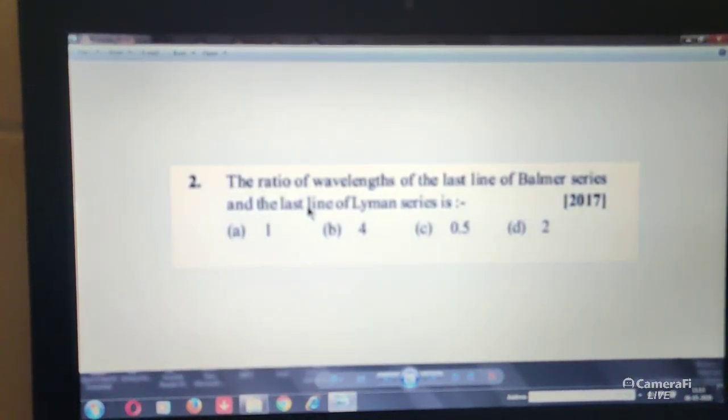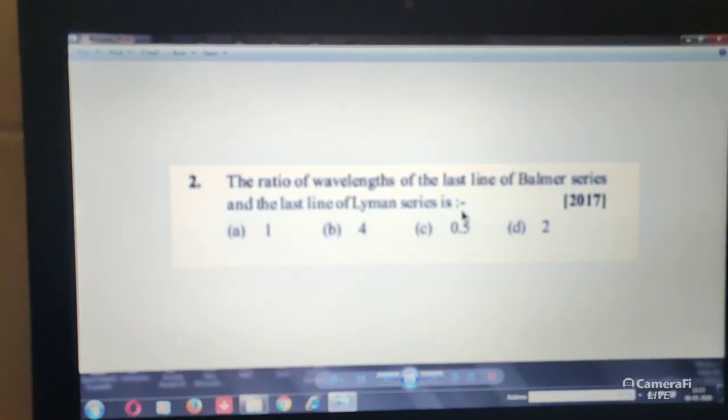Just remember the hydrogen spectra: Lyman, Balmer, Paschen, Brackett, Pfund. Whenever they mention the last line, that represents N2, and N2 is infinite, because there are infinite energy levels.